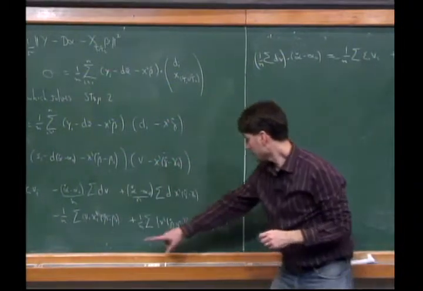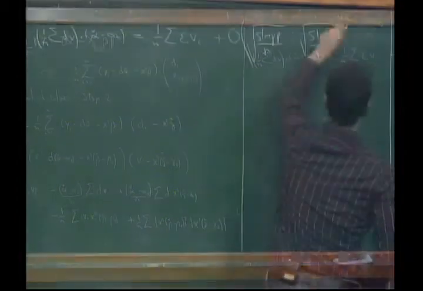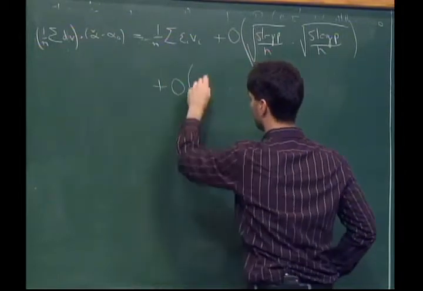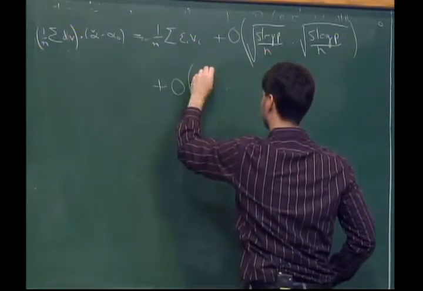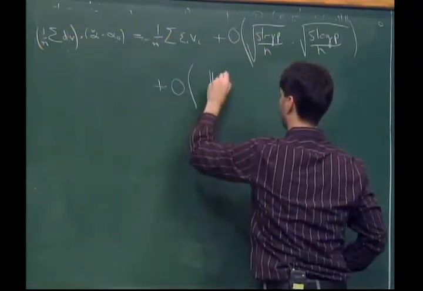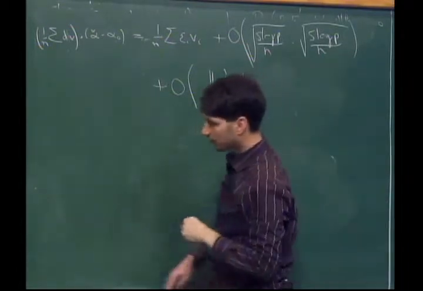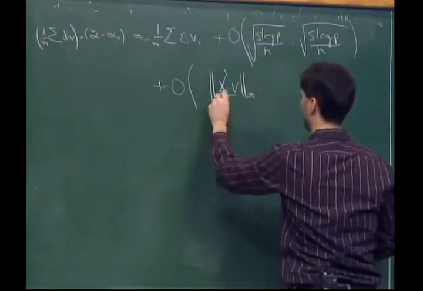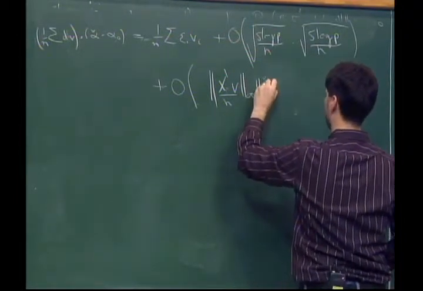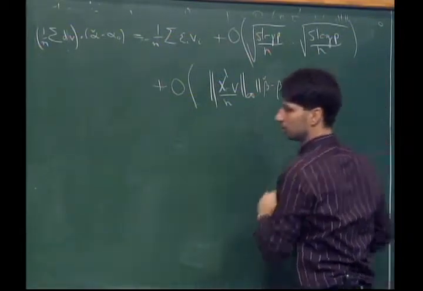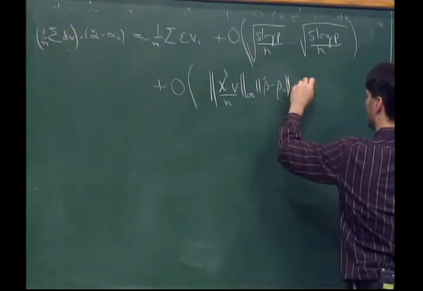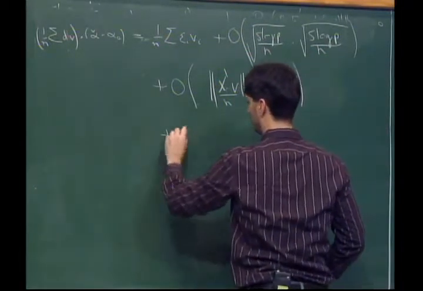This piece, I'm going to have to bound it by order. It's going to be the L infinity norm of x transpose v over n times the L1 norm of beta check minus beta naught, plus order.